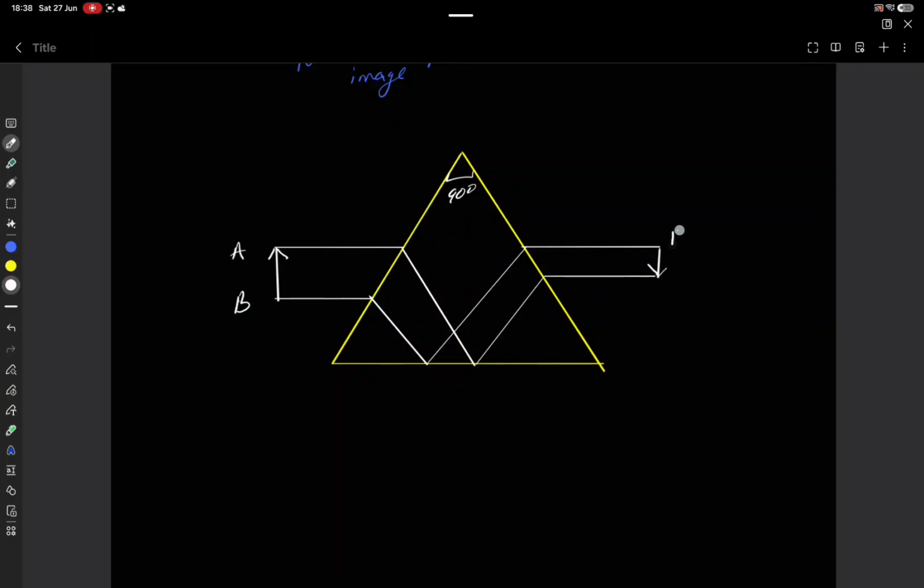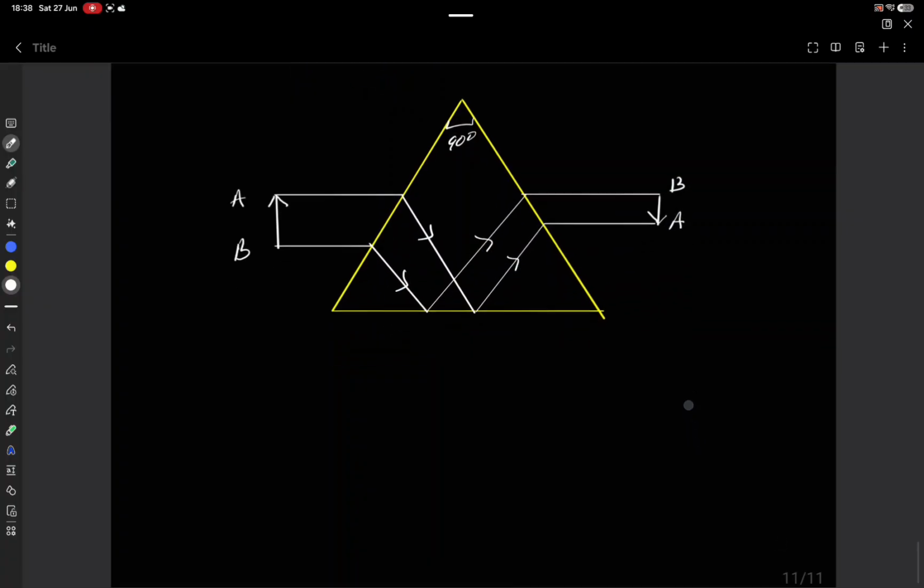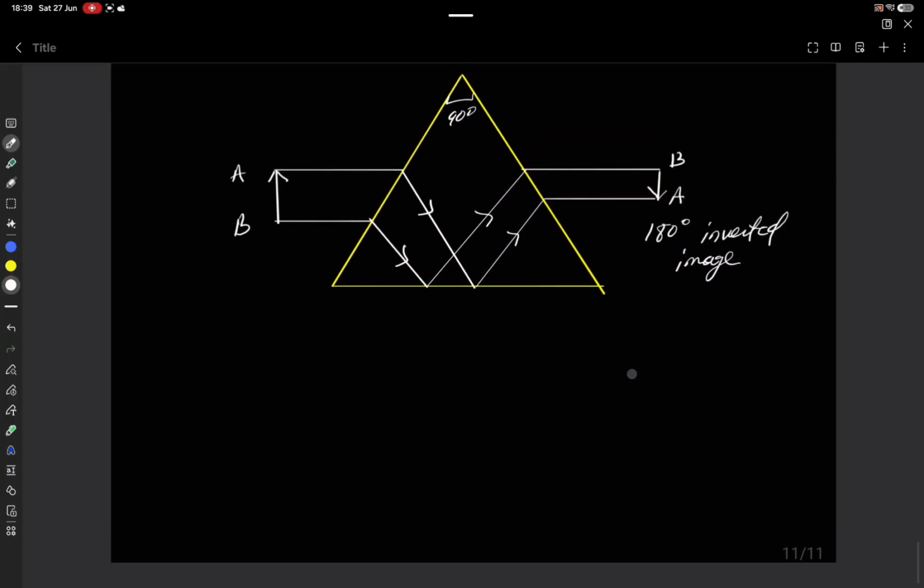This will be 180-degree inverted. So in this way, a 180-degree inverted image. So a totally inverted image of this.